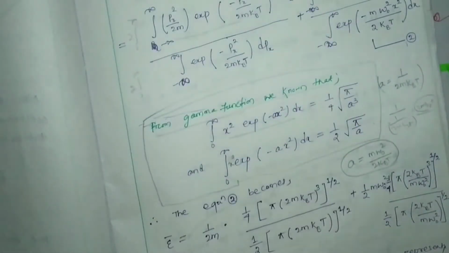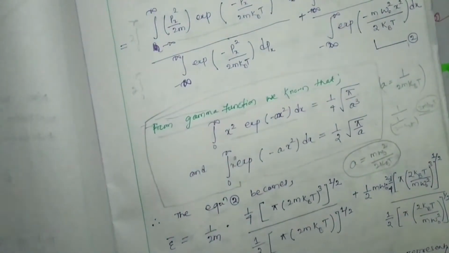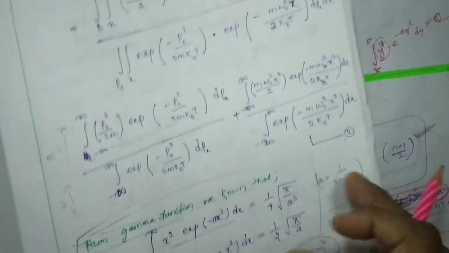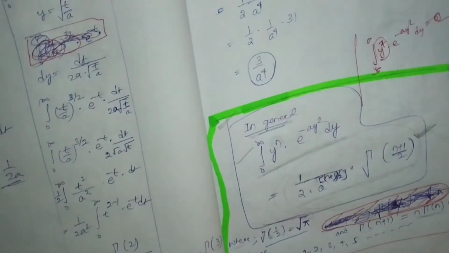So this is the video I am going to do today. It will be useful whenever you find this type of integral at the time of derivation, or in many problems.